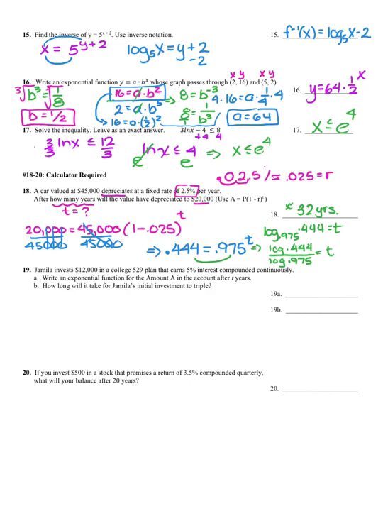All right, so if you end up with an exponential, you have to write it as a log and use change of base. Now this next one, Jamila invests $12,000 in a college 529 plan that earns 5% interest compounded continuously.